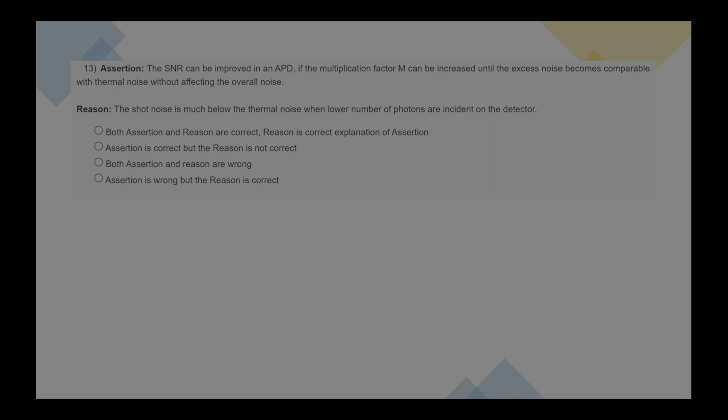And the reason given is that shot noise is much below the thermal noise when a lower number of photons are incident on the detector. So this is also a reason and assertion question.